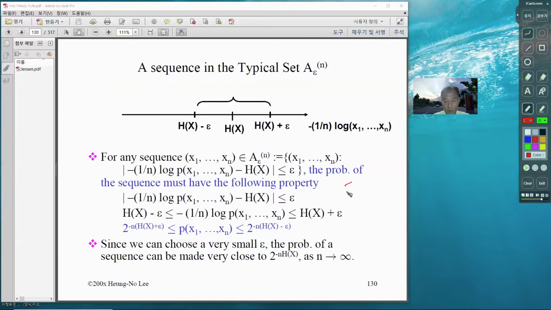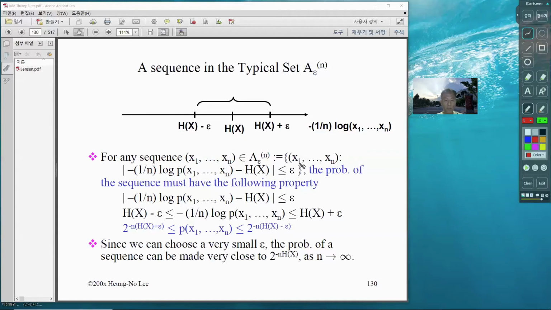Remember the set notation. Set notation says all possible x, and there is a condition. And this is the particular set A_epsilon^(n). Right? This condition is basically based on n and epsilon, which is this condition right here. Okay, so that is the notation that is used here. Just the usual set notation with a condition.